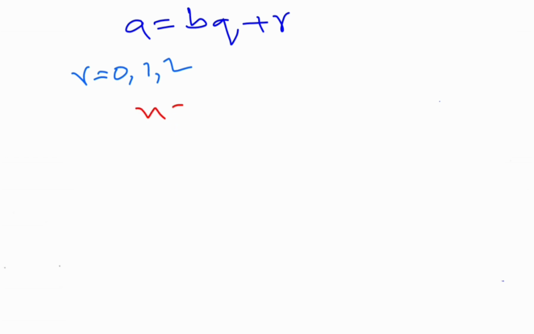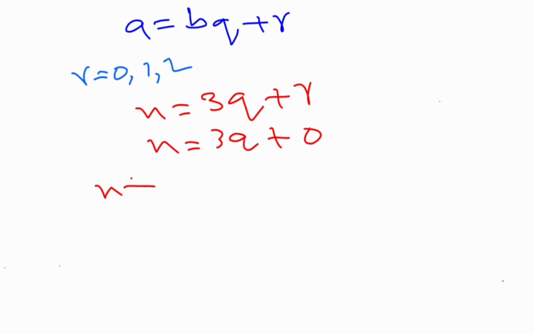So next one is n plus 4. Now n is equal to 3q plus r, where n equal to 3q plus 0, then n plus 4 is equal to 3q plus 4.